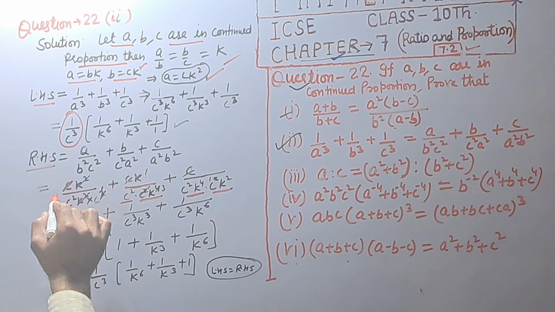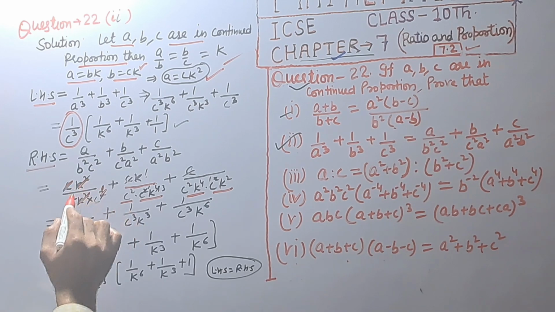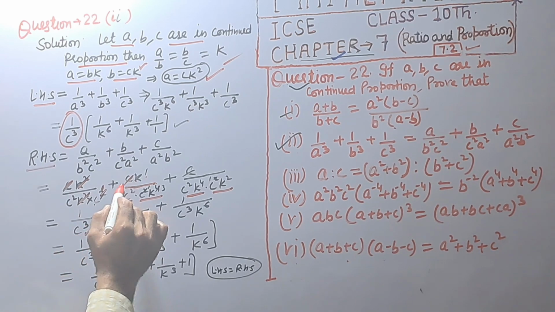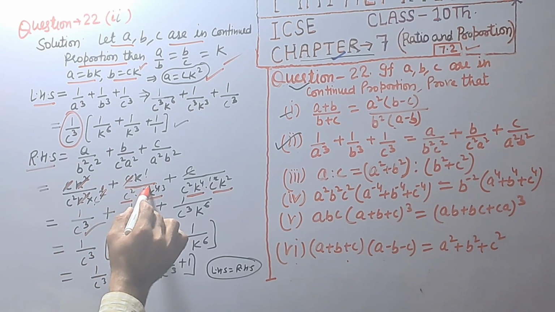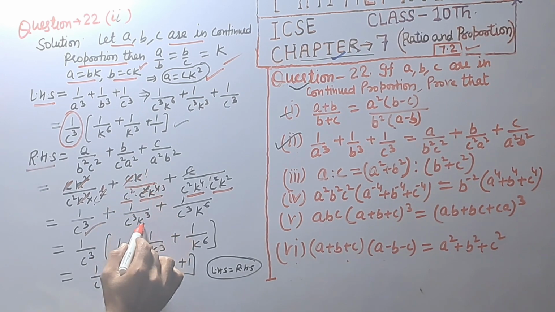This will be cancelled. c 1 power c cancel, k square is cancelled. c raised to power 2 into c raised to power 1, that is c raised to power 3, and c 1 power is cancelled and we get c raised to power 3 and k 1 power is cancelled, k raised to power 3.